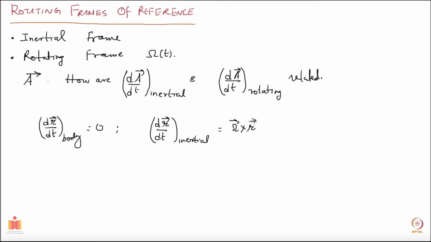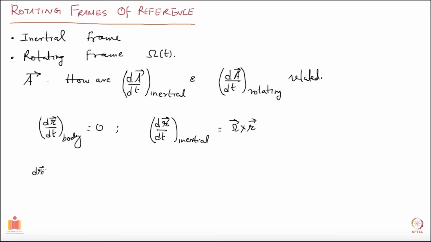Now what if the point we are looking at is not stationary in the rotating frame, but is itself moving, meaning there is a non-zero rate of change of that r? So we have a non-zero dr over dt in the body frame, and then we ask how it is related to the dr over dt in the inertial frame, and obviously the answer is the following.